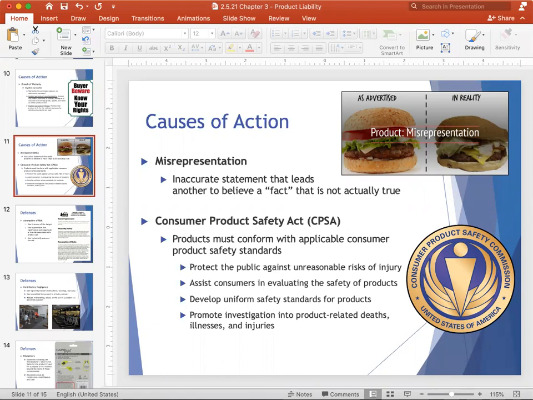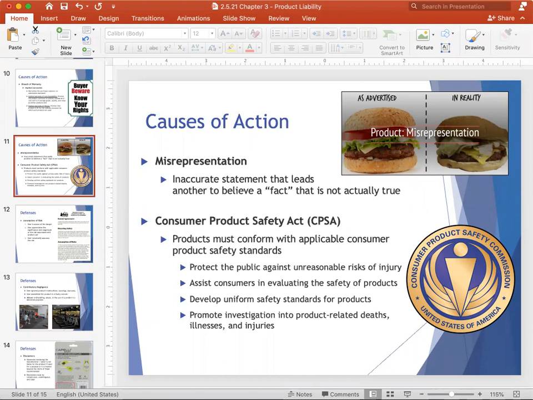Now, in this case, the product doesn't need to be defective or unreasonably dangerous. It just needs to be falsely advertised, which influenced your decision. In misrepresentation, when it comes to a product liability complaint, the claim does need to include physical injury, though. That was one clarification that I wanted to make note.